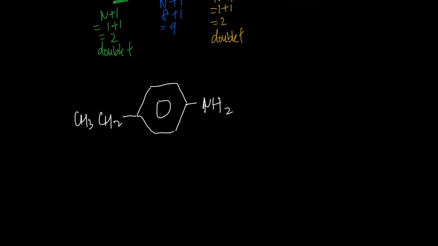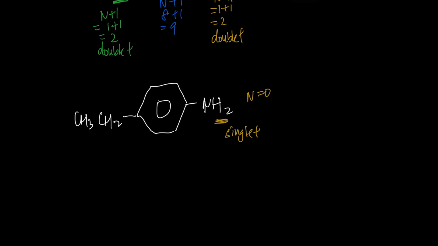First, let's look at this. NH2 is a singlet. Remember, for protons attached to nitrogen or oxygen, there's no spin-spin coupling, so n will be 0.